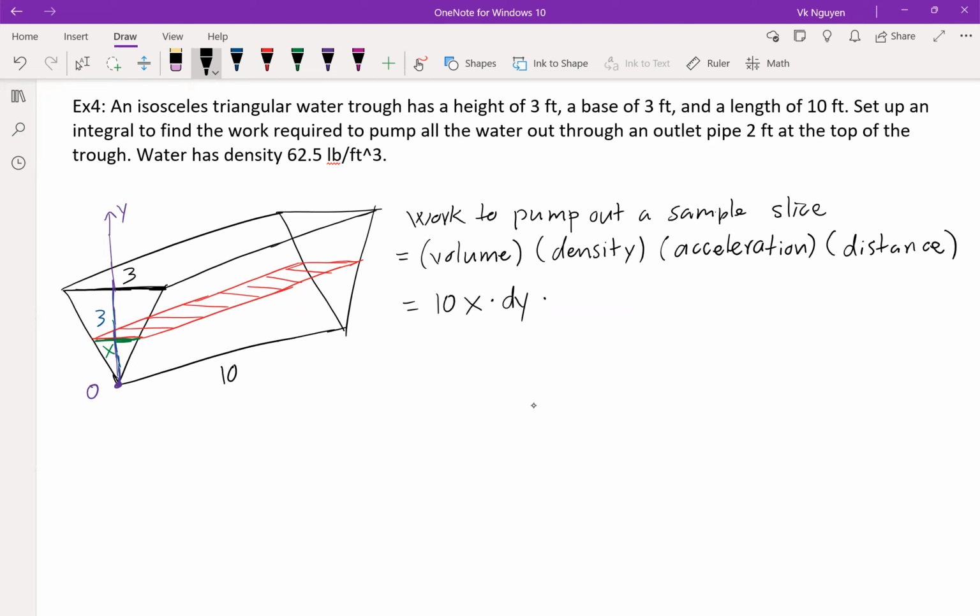To figure out x, notice that there are two triangles, the smaller one and the bigger one. Two isosceles triangles. For the smaller one, it would be x over, well, this distance right here is y, because we use the y-axis.